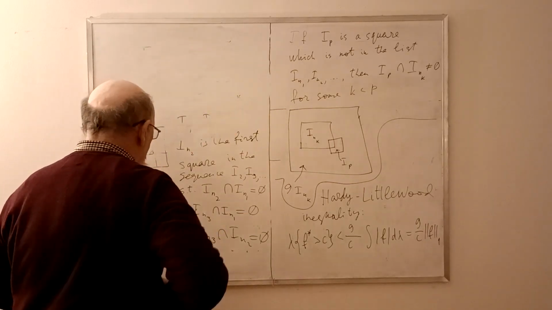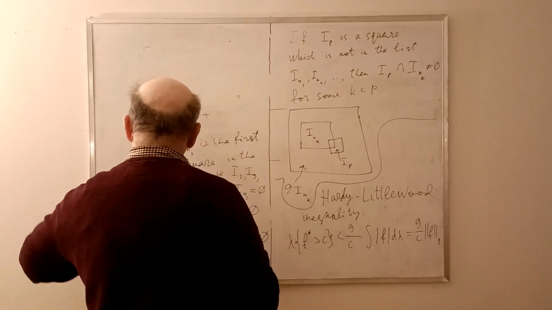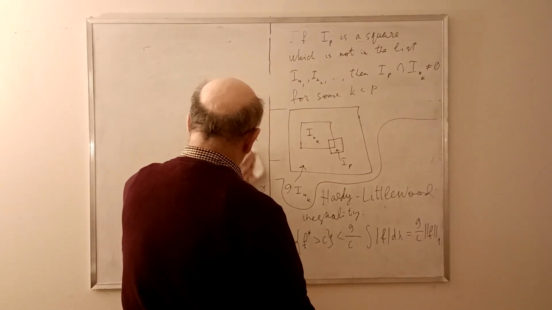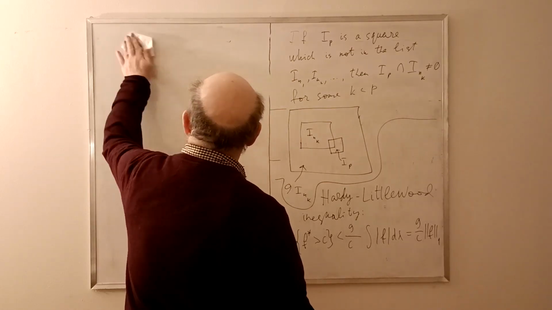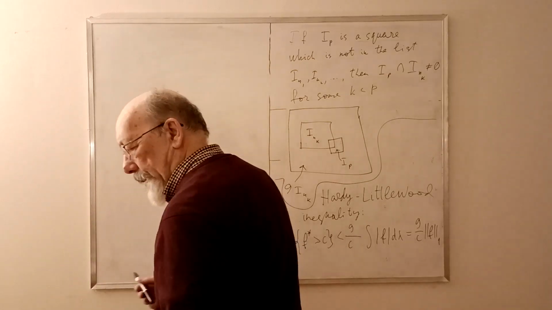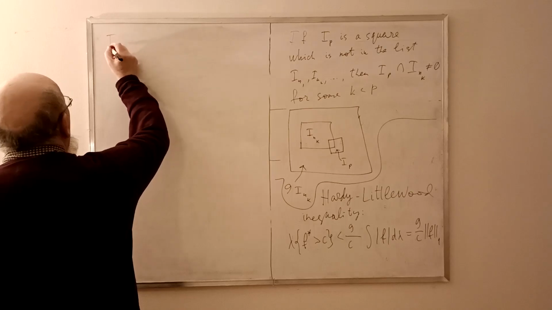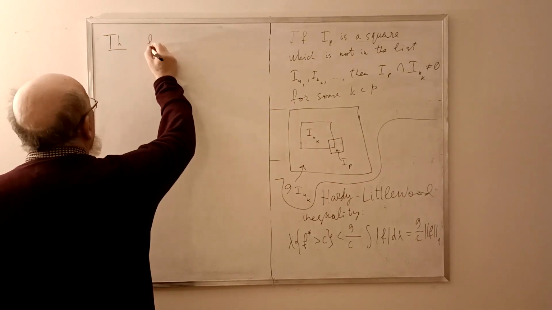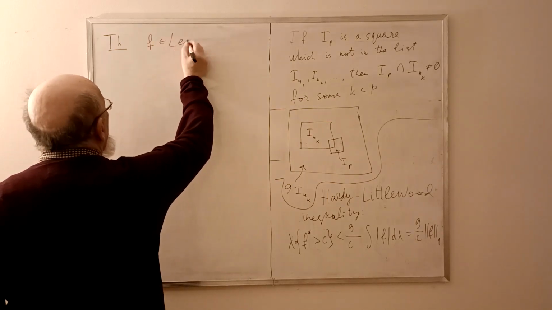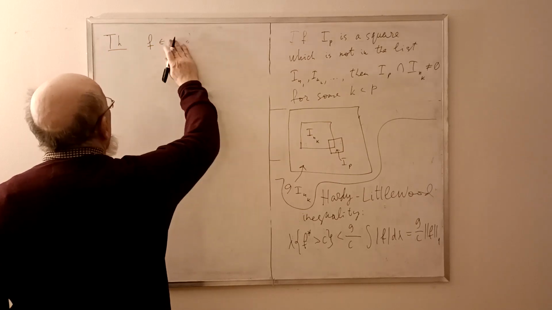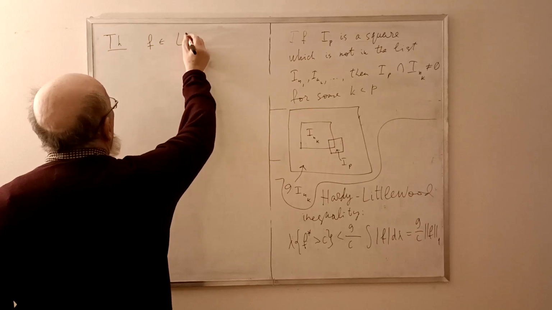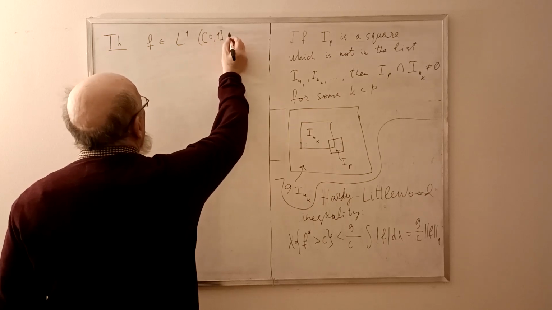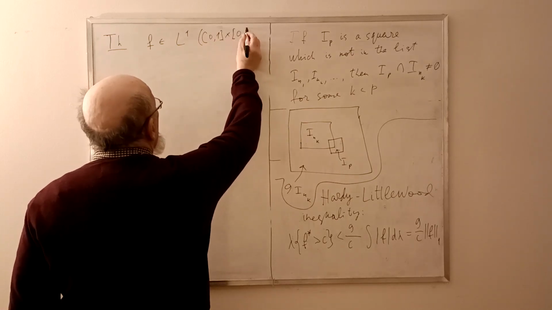Following theorem. Suppose F is a Lebesgue measurable function. Let us do it in 0,1 times 0,1.